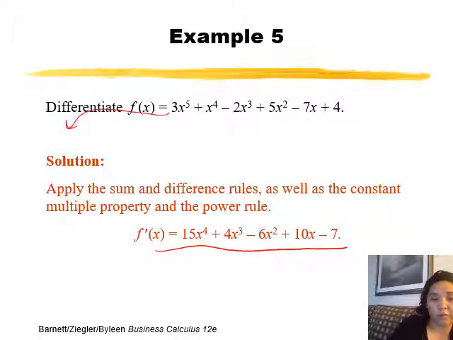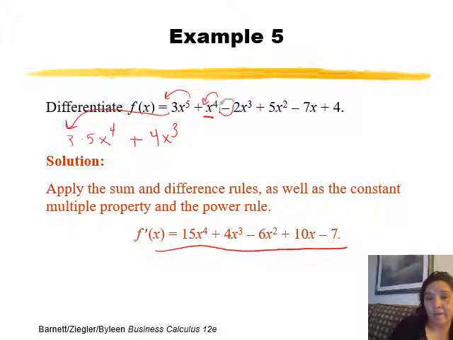Let's bring that over here. This is 3 times 5. We're going to bring that 5 down, right? x to the 5 minus 1 is to the 4th. And notice we have a plus sign, so we're just going to keep adding our derivatives. The derivative of x to the 4th, you bring that 4 down in front, so we have 4x to the 4 minus 1 is 3.